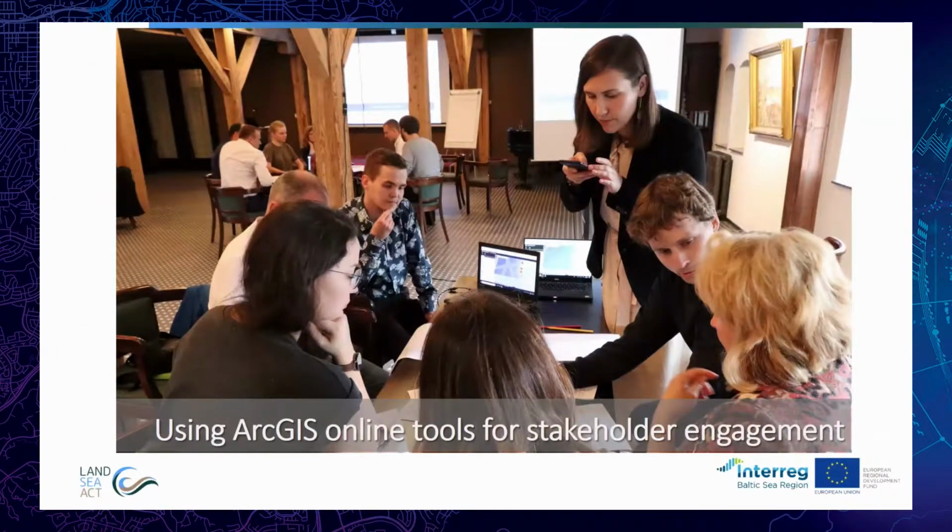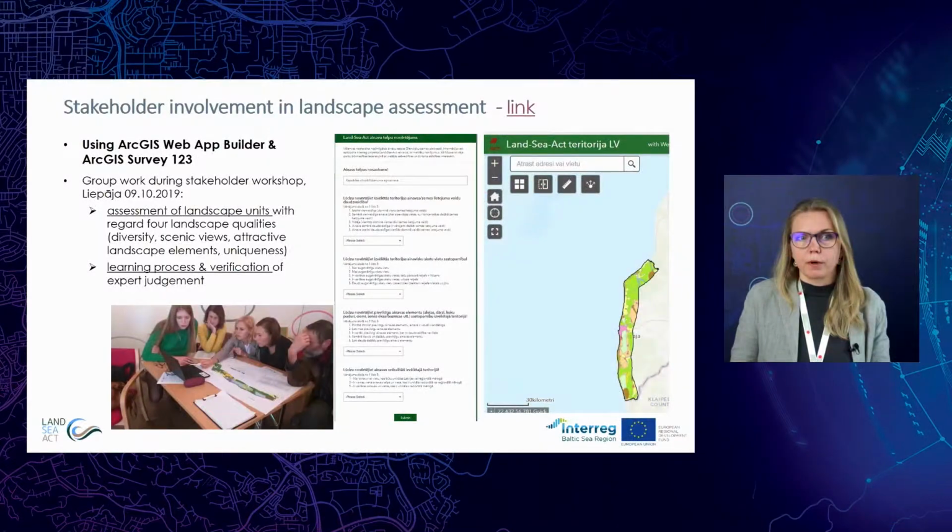Now I would move to the part on using ArcGIS Online tools for stakeholder engagement in this exercise. First, we wanted to get a stakeholder perspective on the landscape qualities of our coastal area. For that, we developed an application using ArcGIS Web App Builder and ArcGIS Survey 123.